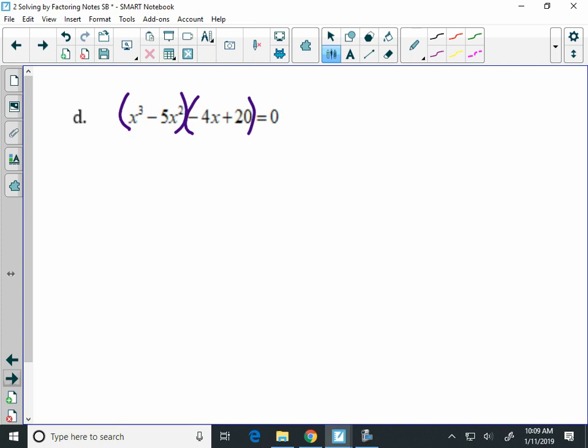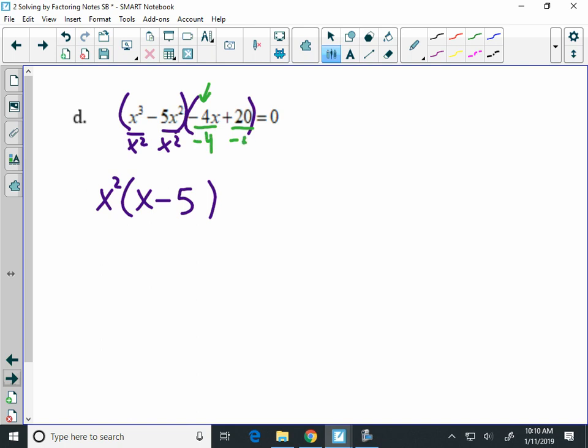I look for a GCF for both sets of terms. So in the first set of parentheses, my GCF is x squared. So I'm going to factor an x squared out. And left inside the parentheses is going to be x minus 5. The second set of parentheses, notice the third term is negative, which means you're going to factor out a negative in both.